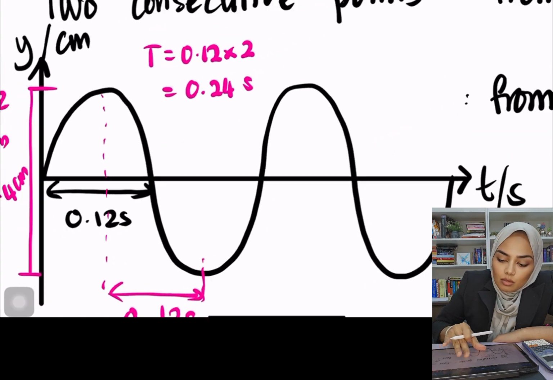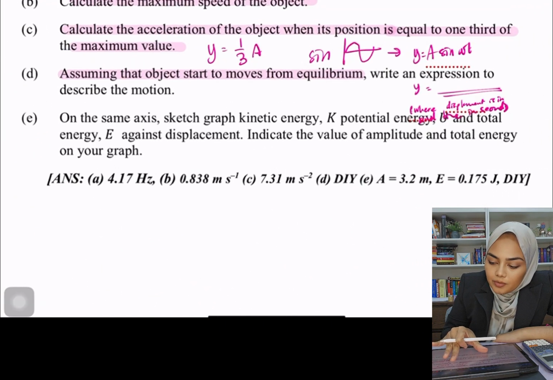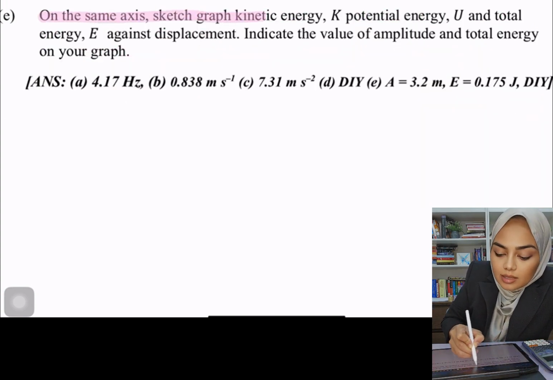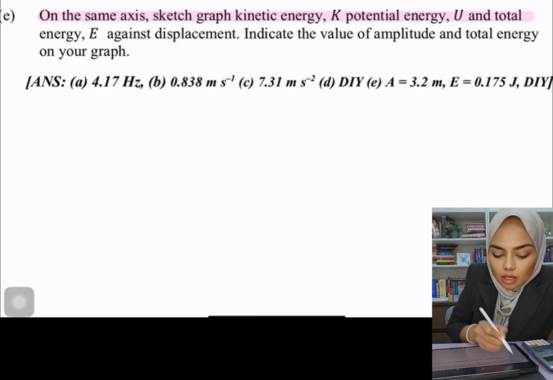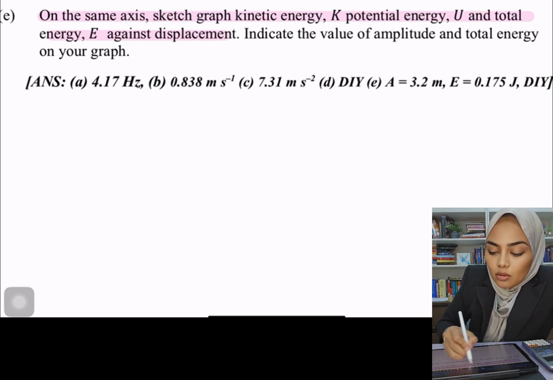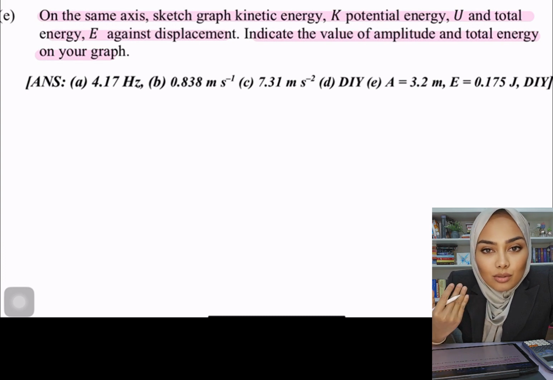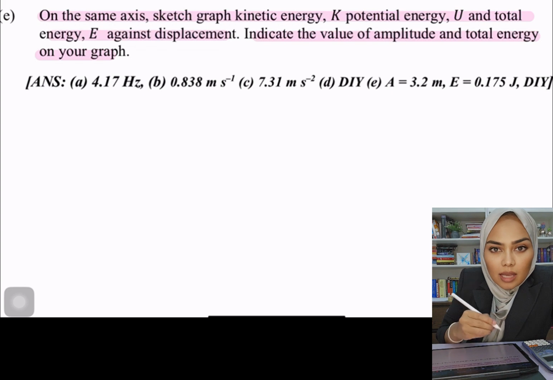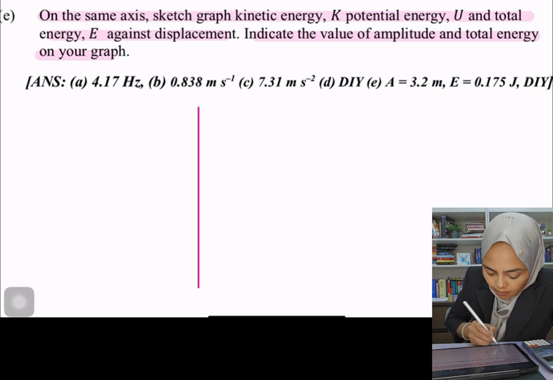Okay, now I want to focus on the last question, which is question E. Yang dikata kat sini, on the same axis sketch the graph of kinetic energy, potential energy and the total energy against displacement, and then indicate the value of amplitude and total energy on your graph. So you should get your amplitude already, and now we want to get the total energy first. So we're gonna do our graph like this.